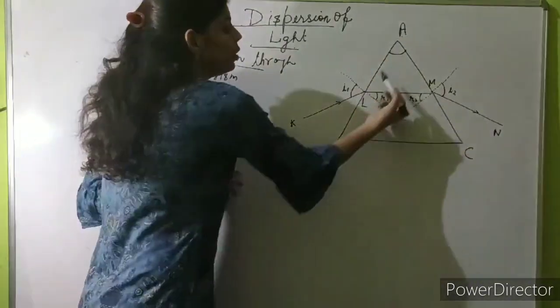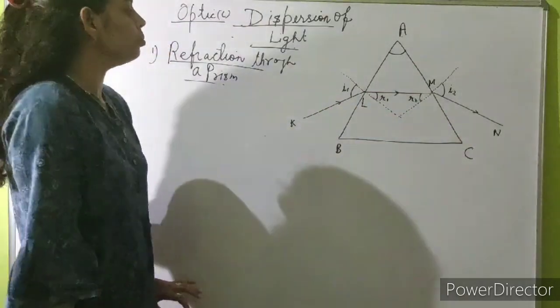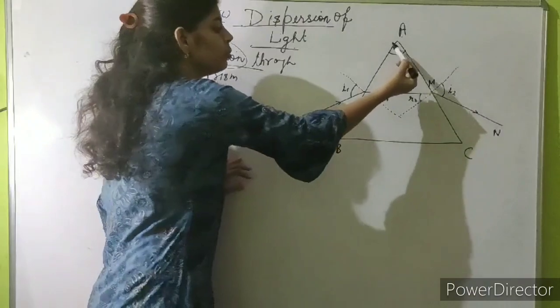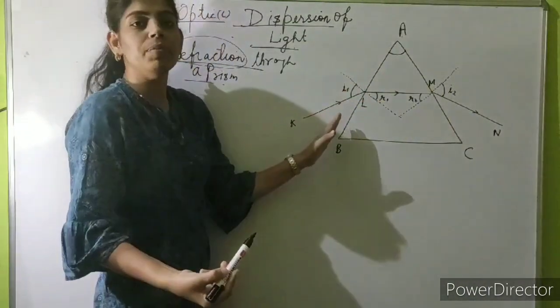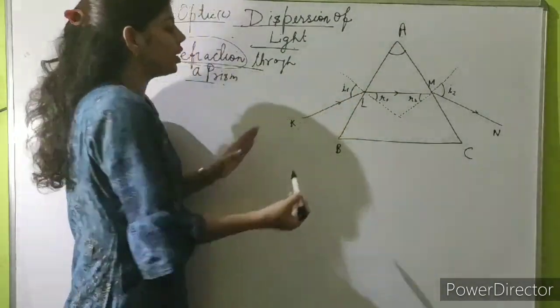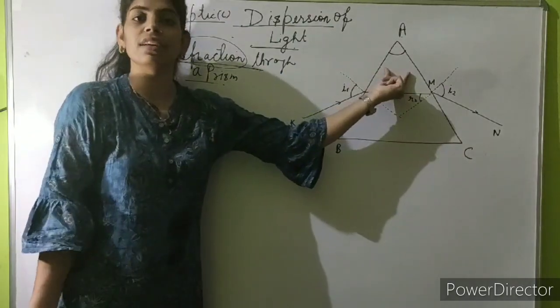So ये आपने यहाँ पे एक prism लिया है, and this prism has 2 refracting surfaces. This is surface AB. Whenever the ray comes from a rarer medium to the denser medium, this prism will act as a medium.